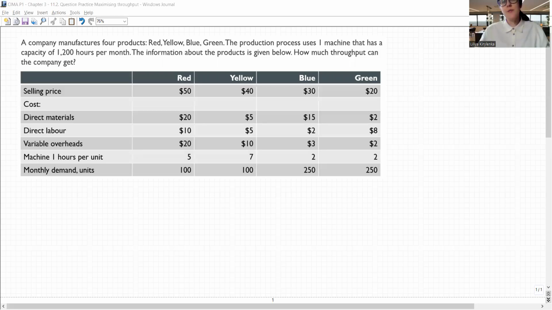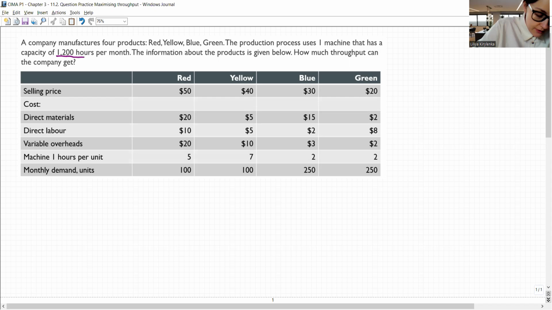Okay, let's practice even further. We found a bottleneck resource, and now we need to maximize the throughput. So this means that we need to decide what products we are going to produce. The question follows. We have 4 products and a machinery with a capacity of 1,200 hours per month.